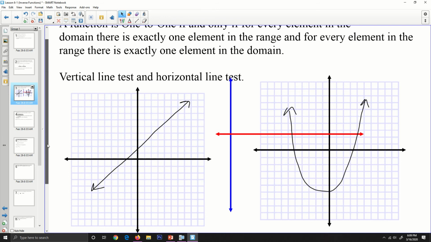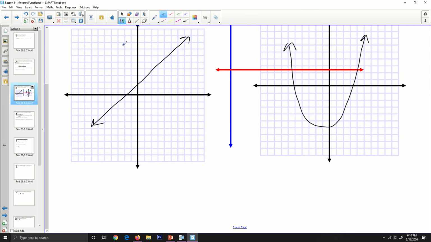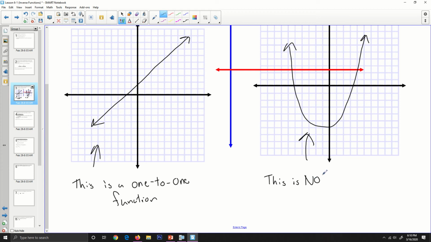So what we can say here is that this linear function is a one-to-one function because it passes both the horizontal and the vertical line test. This is not a one-to-one function.